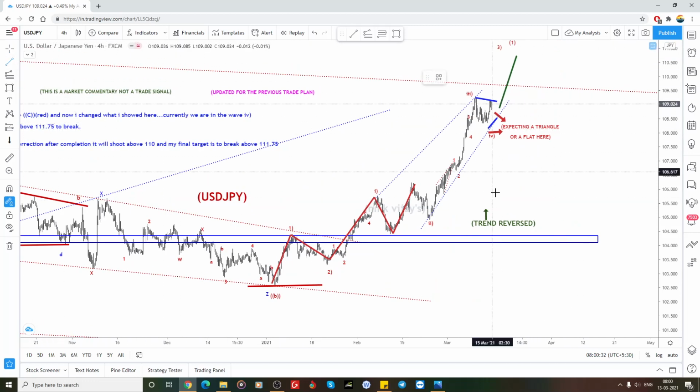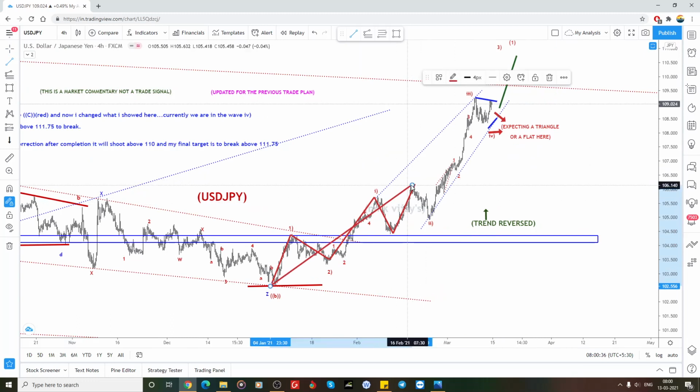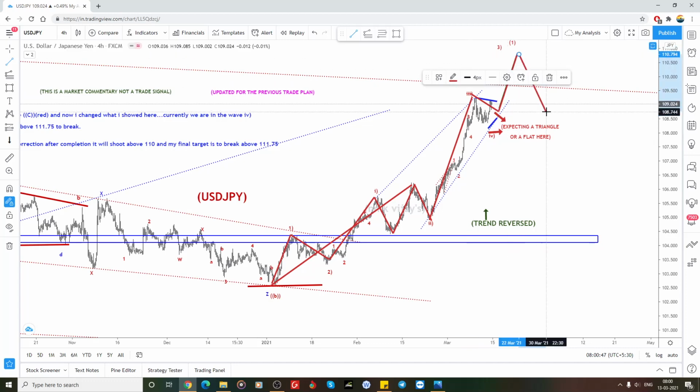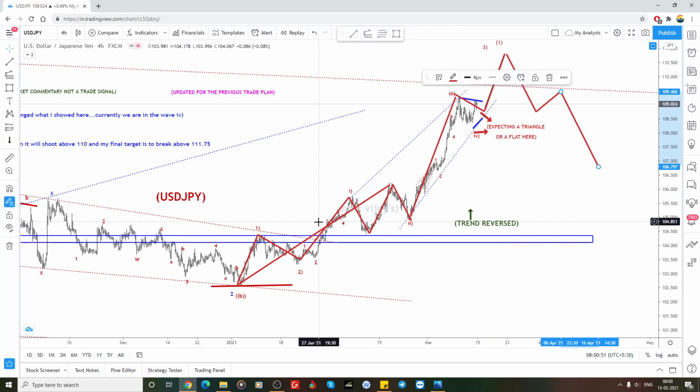Or else there is one more wave opportunity. If we keep this as a 1, this as a 2, then we are in the third, and after that the fourth here. Once this is completed, it can get rejected by this kind of 3-wave structure also. Mind that I just split these intermediate waves into a 5-wave scenario in the third, but it could be 1 2 3 4 5, but I'm not so satisfied.